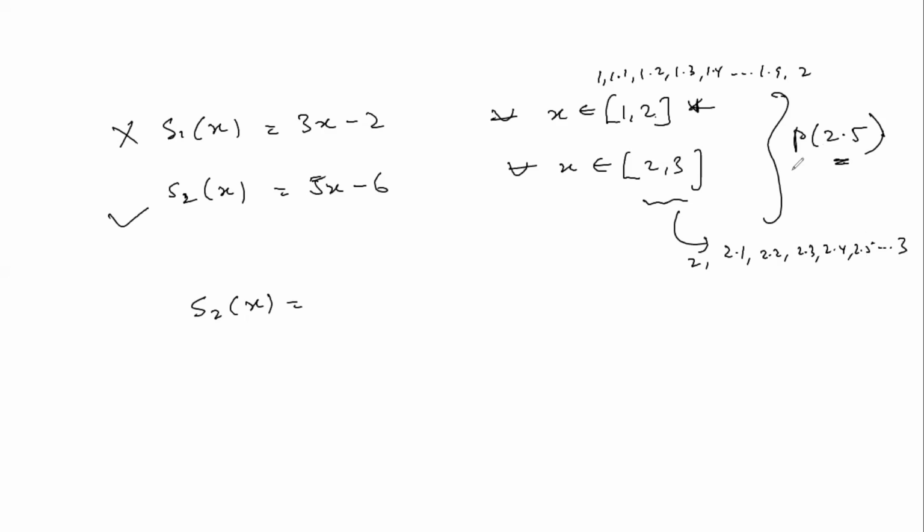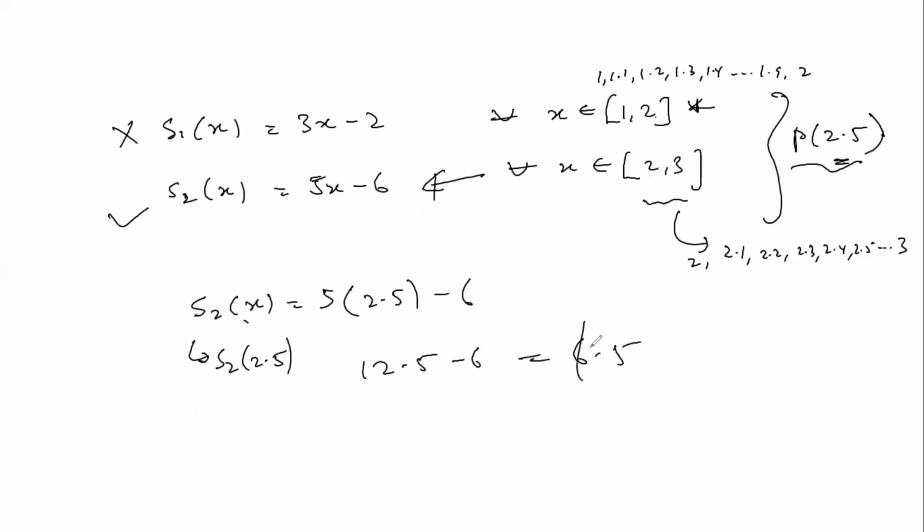So the point is actually within this second interval, which describes this polynomial. So then 5 into bracket, this will now be x equals 2.5, 2.5 minus 6. And this is going to give us 12.5 minus 6, which is 6.5. Okay, so S, or better still P(2.5), is the same as 6.5.